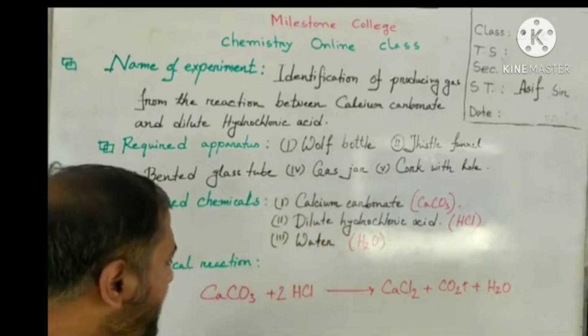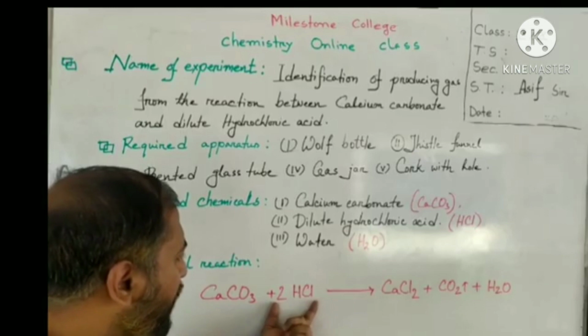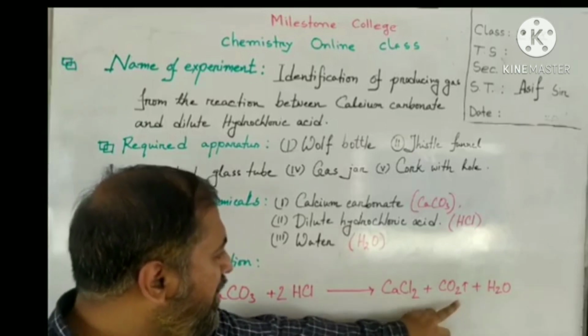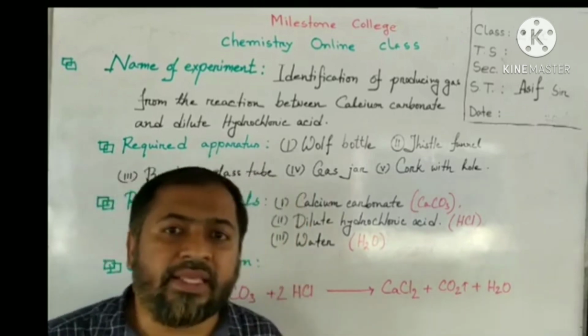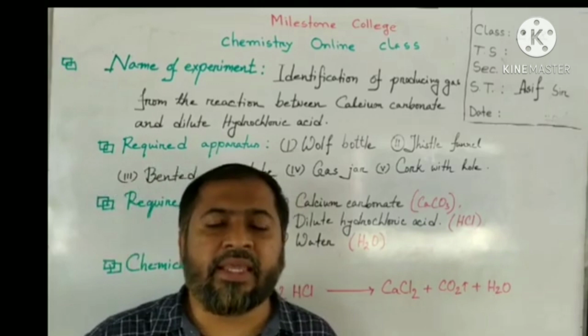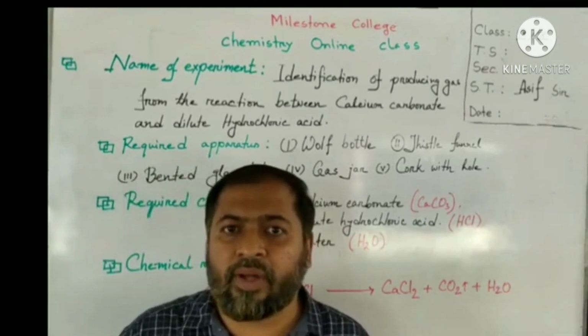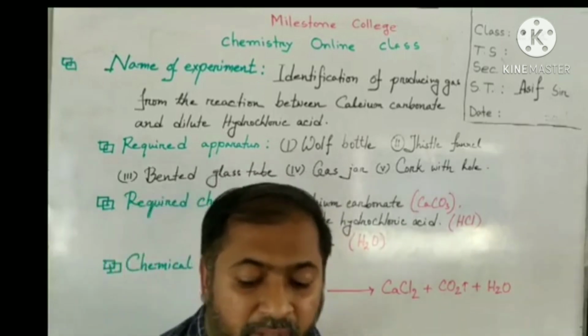Now we can see that calcium carbonate reacts with hydrochloric acid and produces calcium chloride salt, carbon dioxide gas and water molecule. This reaction will take place in our experiment, and now I am going to show you one by one all of the apparatus which I am going to use in this experiment.